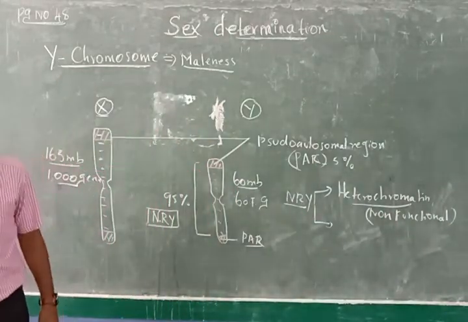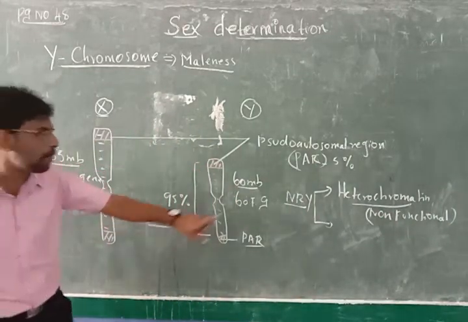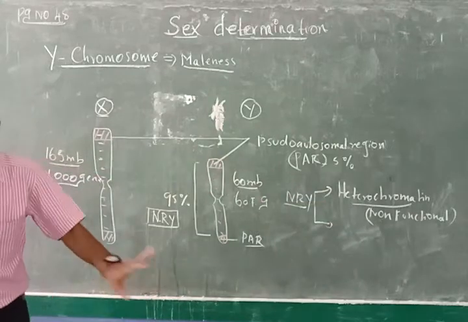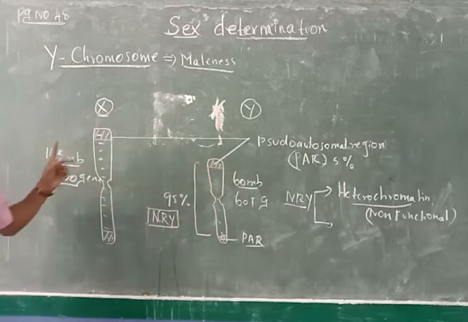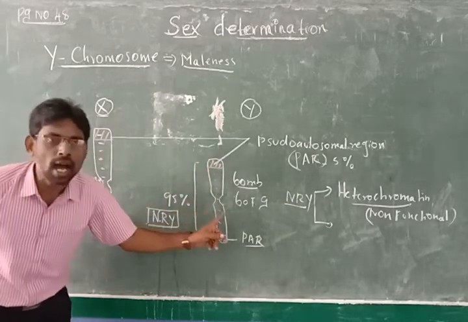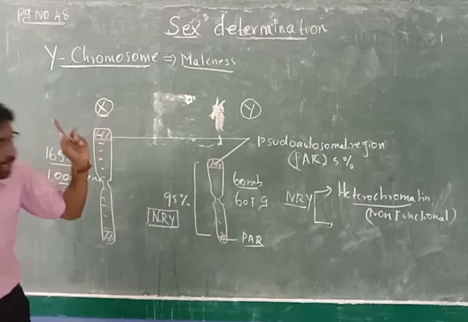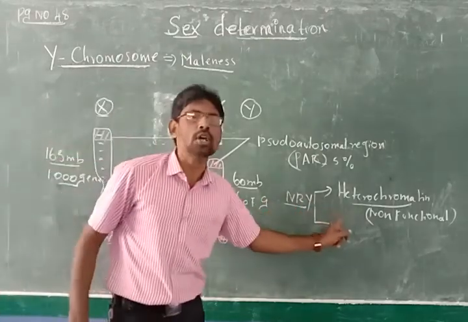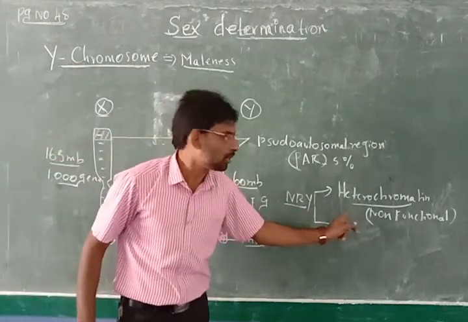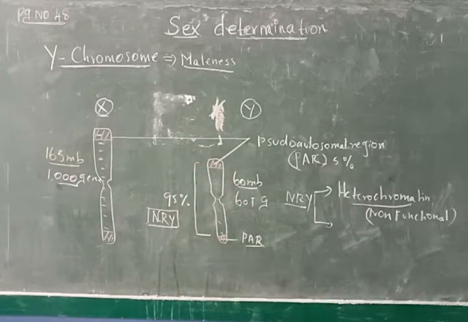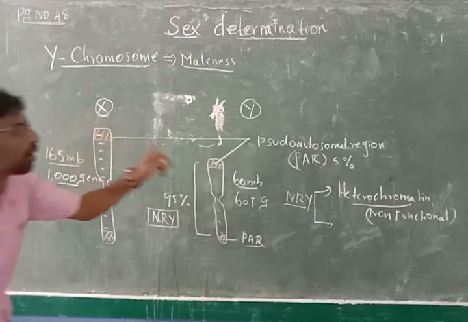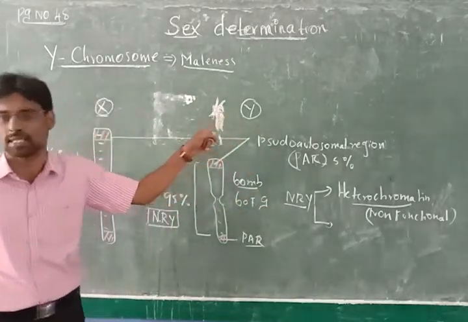That means the genes located in the heterochromatin will not do any function at all. Understand? Certain regions are similar, certain regions are non-similar. Under that non-similar, some regions are called heterochromatin. In the sense, they will not be involved in function, and will not be involved in deciding the maleness.